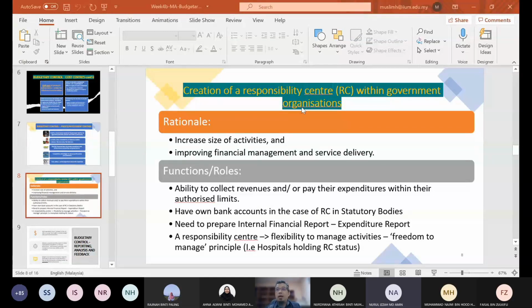I'm saying, imagine that you are a responsibility center. Because you receive an allocation, there are two ways for you to use the money. One is that the money is basically capped. Let's just focus on parents. Let's say your parents say, I will give you an allocation of 500 ringgit every month.